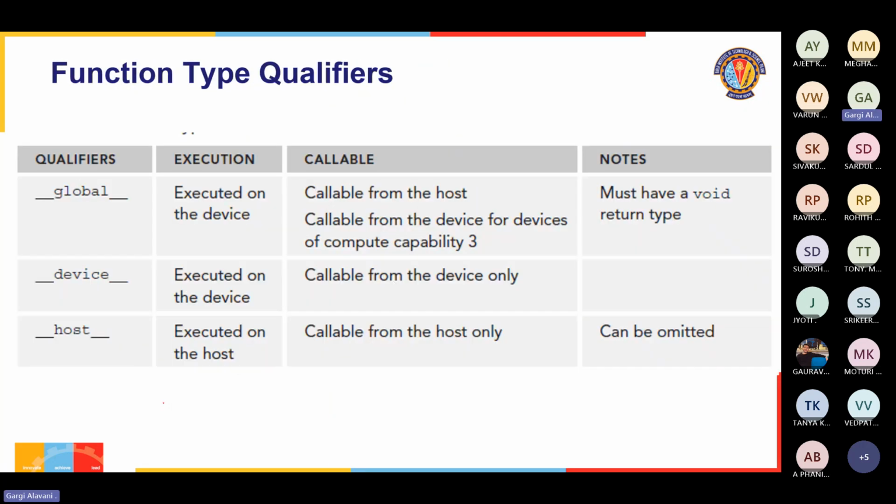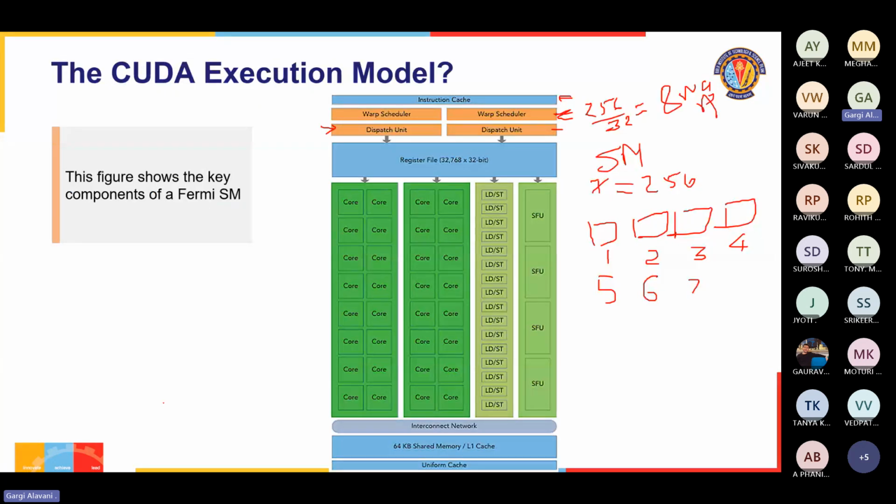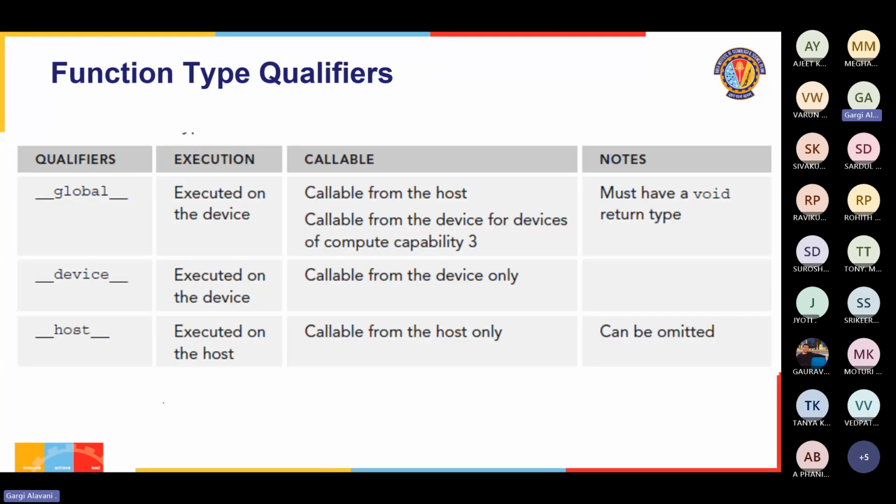So I think I'll stop with function type qualifiers, and we can discuss the CUDA execution model in the next class. These function type qualifiers include what kind of functions you can write in CUDA. You can write 3 types of functions. One is global, which is a kernel function executed on your device.